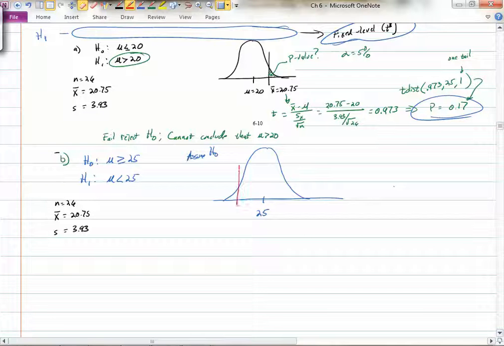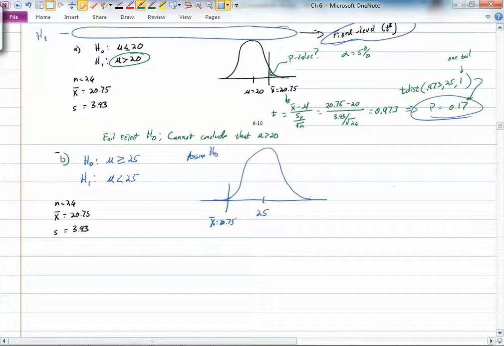So X bar was 20.75, and we're wondering if that's in the tails or not. I did such a bad job drawing this. X bar is 20.75. Now the fixed level testing, again, from the p-value method, we took that 20.75 and we got the area out of that.